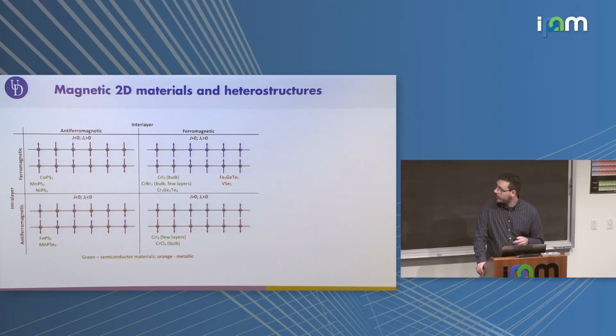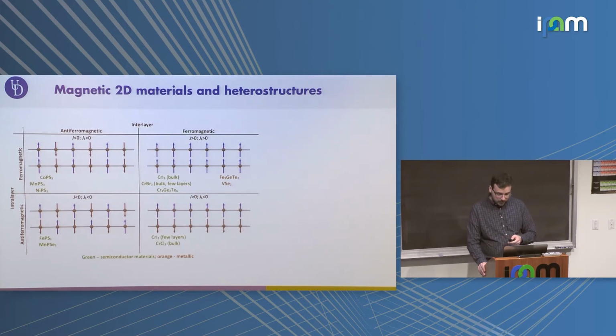You can have a material which is a ferromagnet inside a layer, coupled ferromagnetically or antiferromagnetically with the other layers, or a material which is an antiferromagnet in a layer, with ferromagnetic or antiferromagnetic coupling between different layers. Here is also a list of these recently discovered materials and how they fit into this picture.